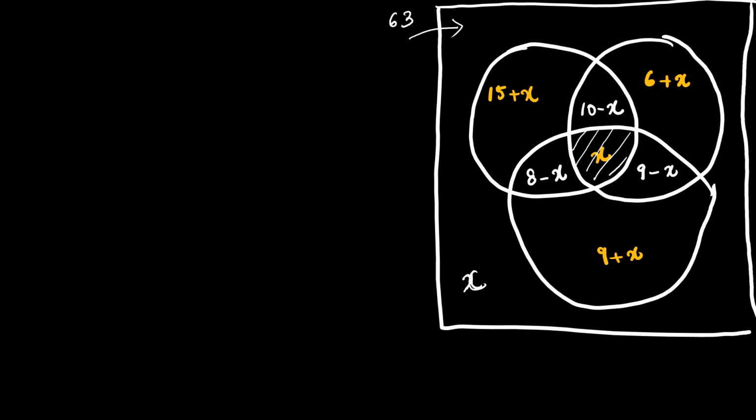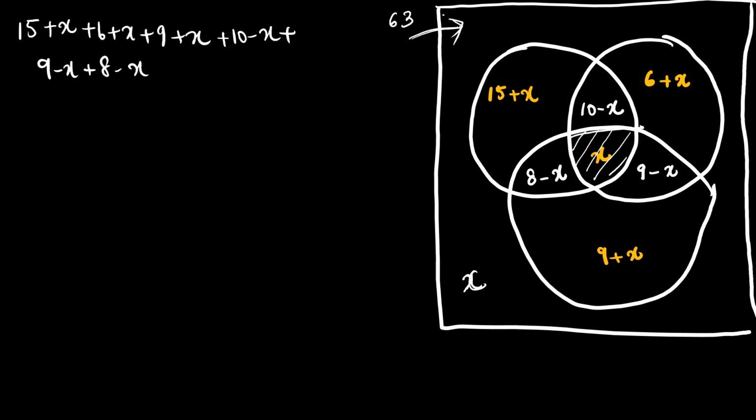So this whole thing in the circles will be equal to 63 minus x. We can write all these in the circles as, first is 15 plus x, next is 6 plus x, then 9 plus x, then the small portions, that is 10 minus x, then 9 minus x, plus 8 minus x, plus the middle portion, that is plus x. This whole thing is equal to 63 minus x.